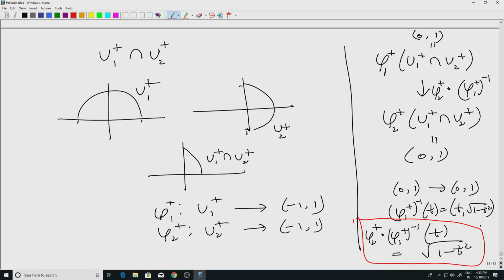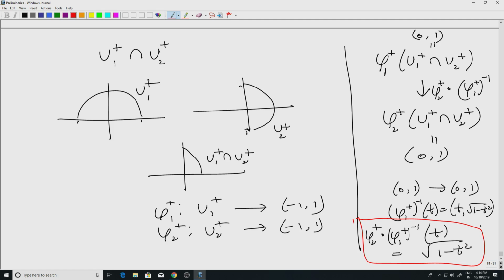So this is the explicit formula for one of the 4 transition functions. All of them will resemble this. Another one will have exactly the same formula. The other 2 will have negative signs in front of this.